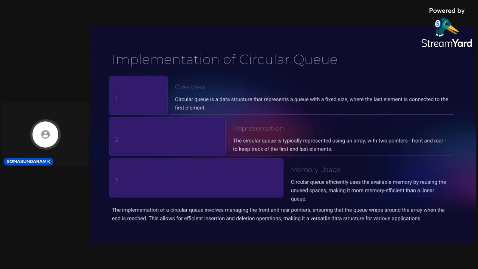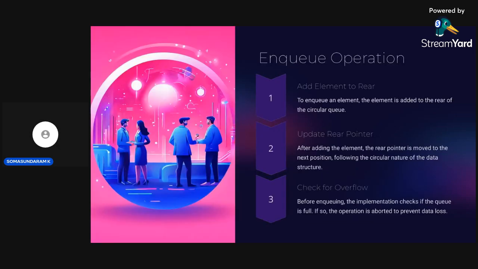Primitive operations on circular queue. The circular movement of front and rear variables is implemented using the mod function, which is cyclical in nature. Enqueue operation, add element to rear. To enqueue an element, the element is added to the rear of the circular queue.